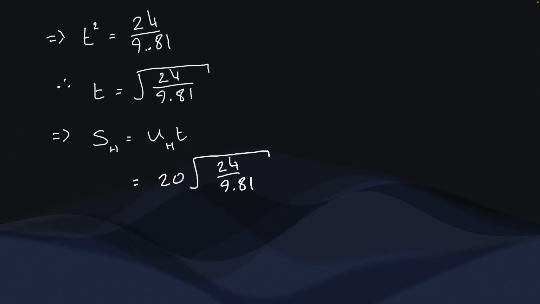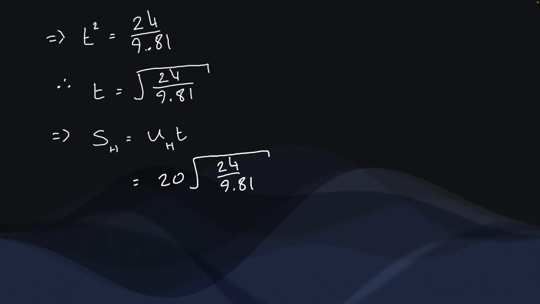By the way, for your exams, get used to using your graphical calculator or whatever calculator you're going to use in your actual exam, because being able to use your calculator really quickly is super useful. When you're doing an exam, time is always of the essence. So 24 divided by 9.81 and enter.